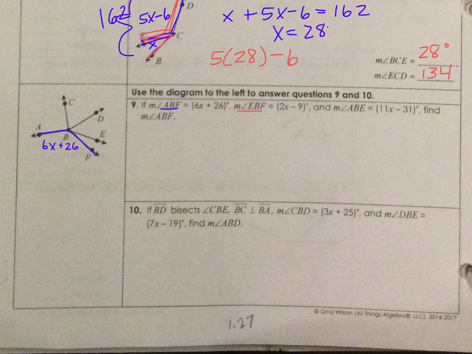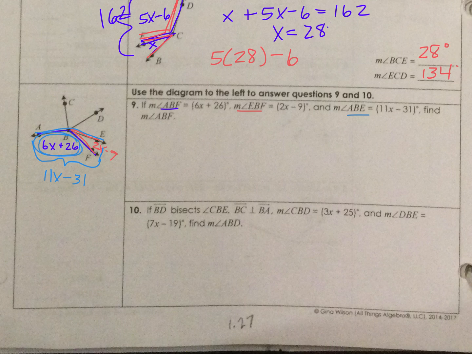EBF is 2x minus 9. And ABE, A to B to E, so all of that all the way to there, is 11x minus 31. I want to find ABF.